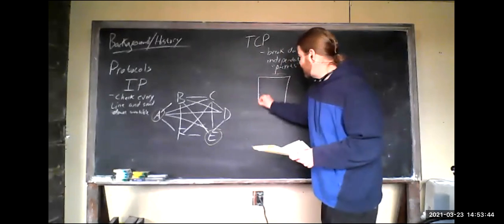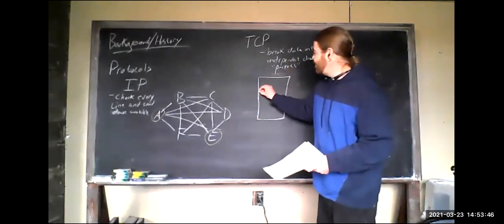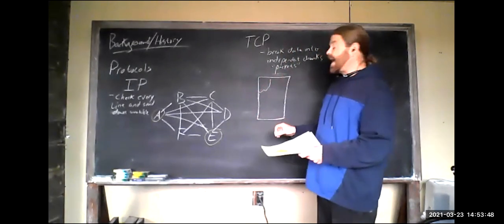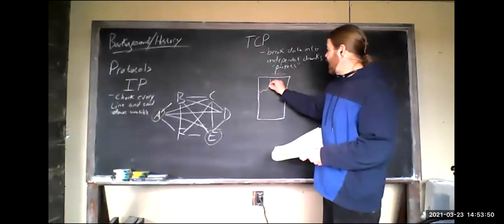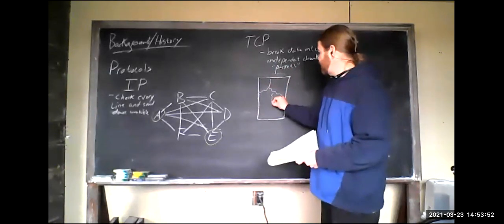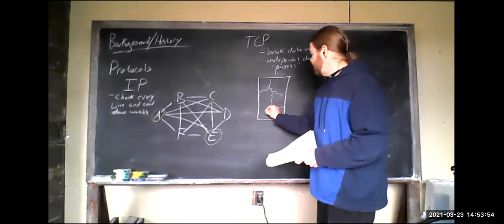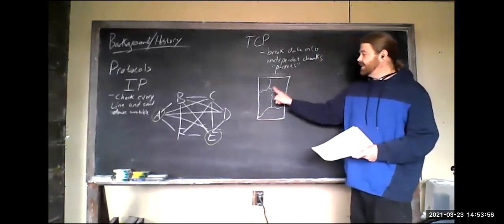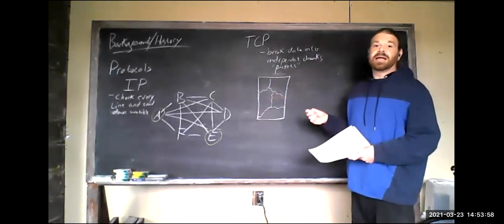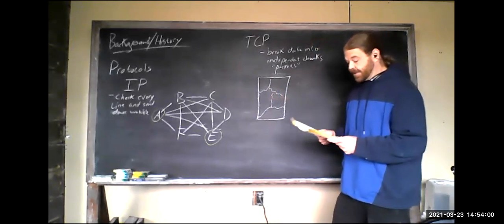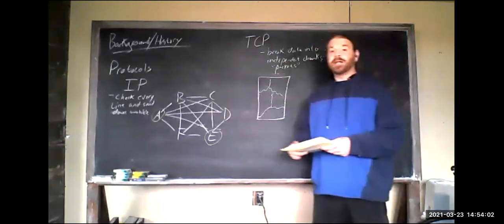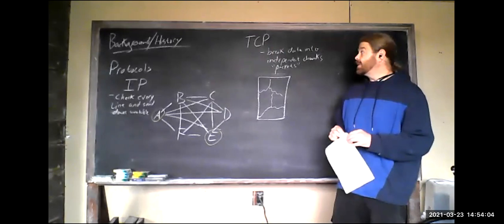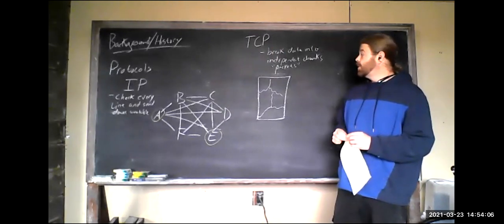So the picture for this is like, we have some piece of data, a document or something, and we can just randomly break that up into different size pieces and then send each piece independently and put it back together on the other side. So when we put those two together, we end up with something very, very reliable.